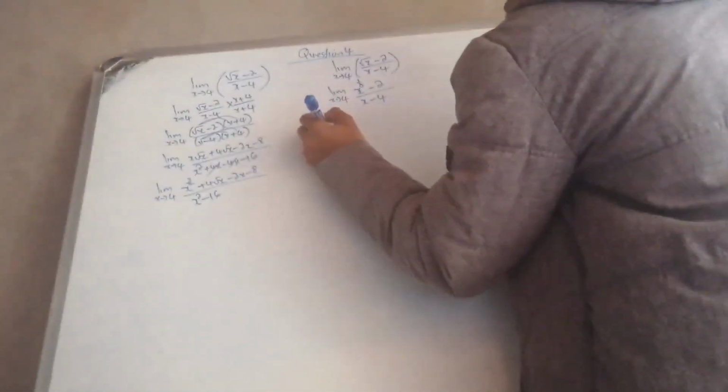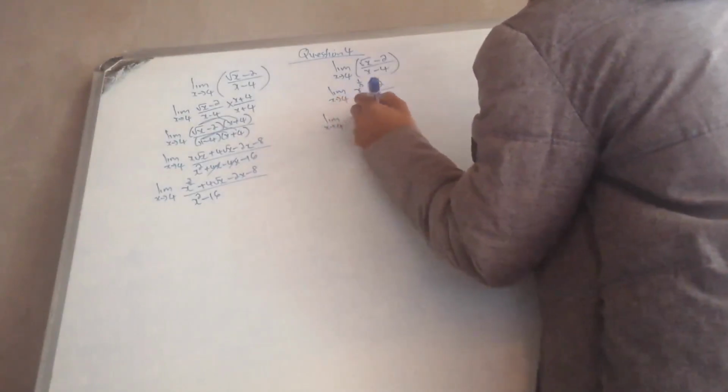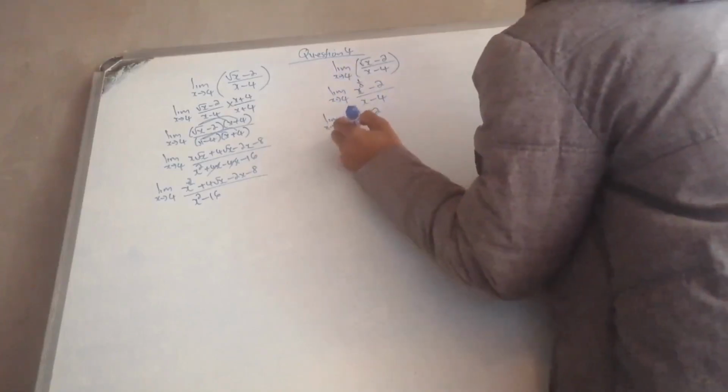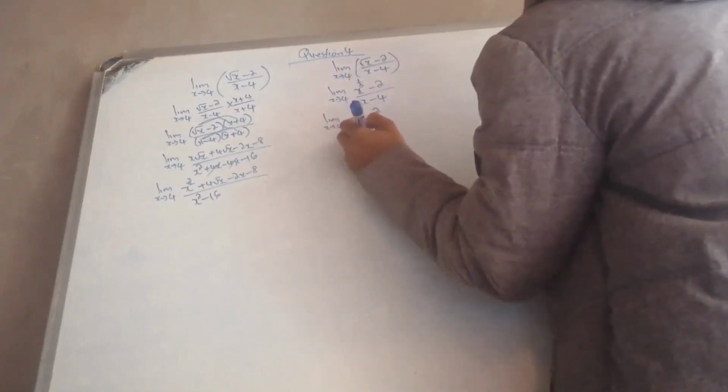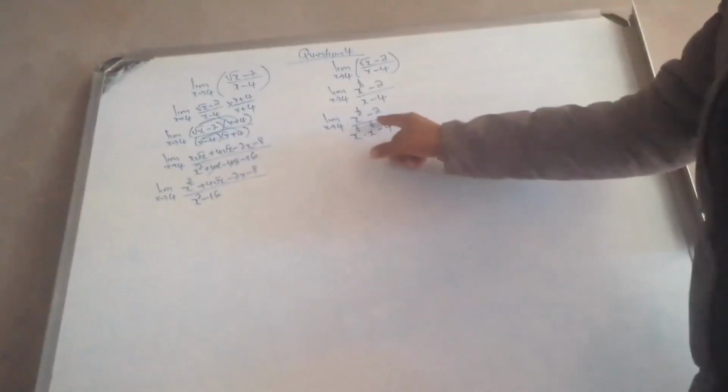The limit as x approaches 4. I have my x to the 1/2 minus 2. I can write the denominator as x to the 1/2 times x to the 1/2 minus 4, because when I multiply, I add the exponents. Can you see that? And now I might have something.